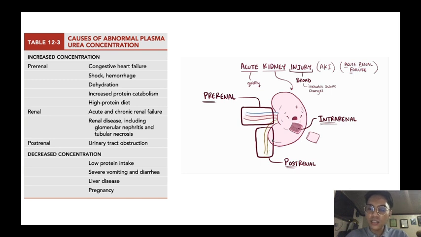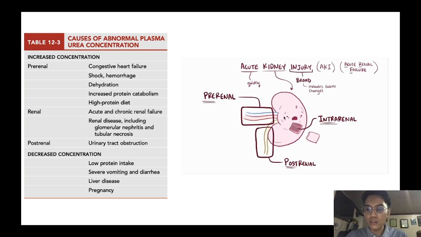Mag-backflow siya kasi hindi nga niya ma-excrete sa ureter. So kapag backflow ang urine dito sa kidneys, hindi na din maka-filter ang kidneys kasi wala siyang paglagyan ng kanyang mafi-filter. So mag-stop lang ang blood, mag-stop lang lahat dito before the obstruction. So 'di ba? Obstructed dito sa ureter. So ang urine mo mag-backflow siya papunta diyan.